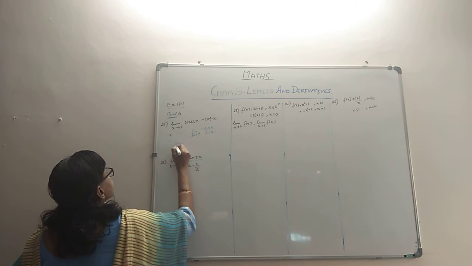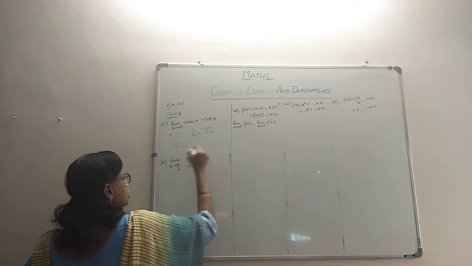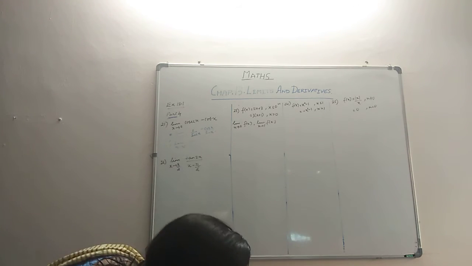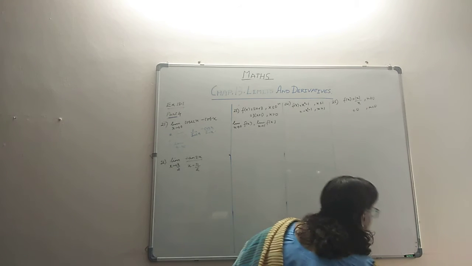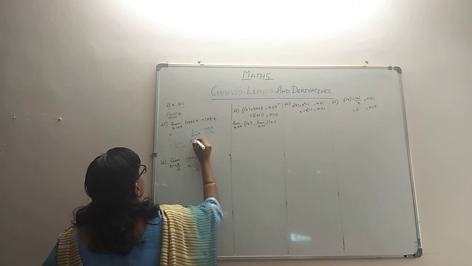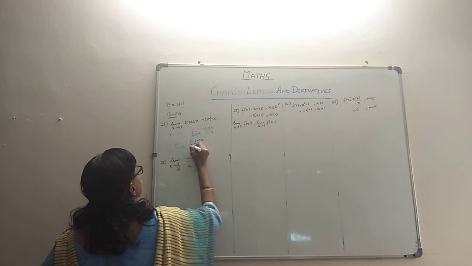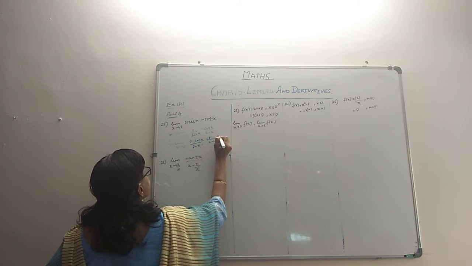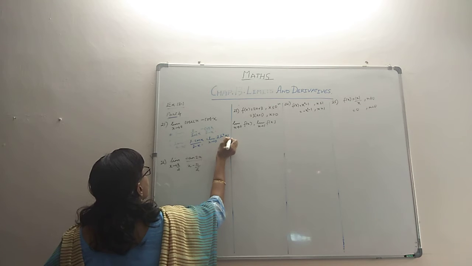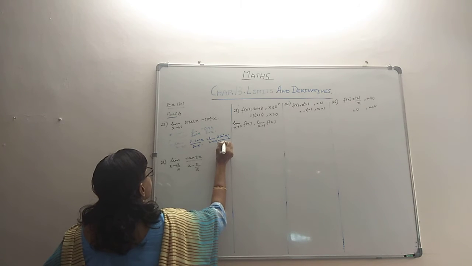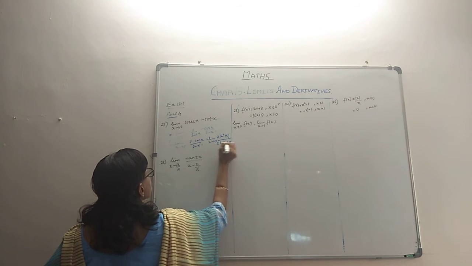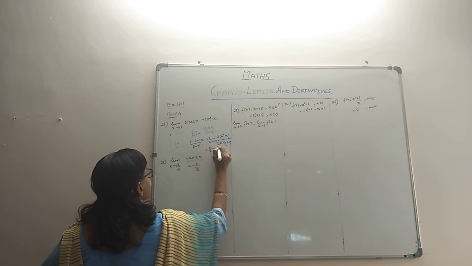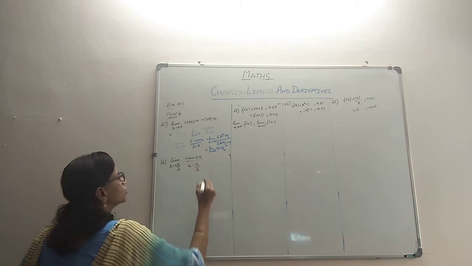So limit as x tends to 0, 1 minus cos x whole by sin x. So that will be what? 2 sin squared x by 2 and 2 sin x by 2 cos x by 2, using the half-angle formulas, and then what are we left with? Limit as x tends to 0 tan x by 2.